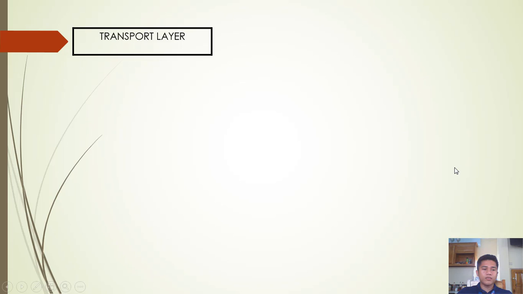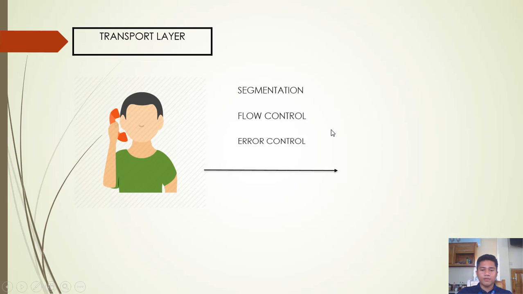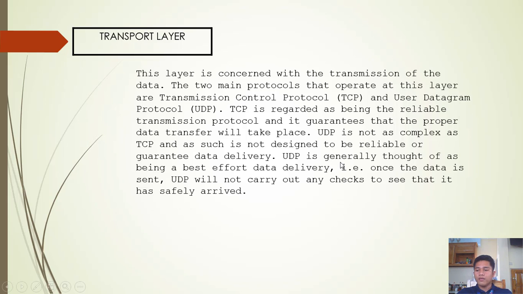The transport layer accepts the data from the preceding layer, forms independent packets, and transmits them. It has three functions: segmentation, flow control, and error control. The data received by the transport layer is divided into segments. For flow control, consider a mobile connected to a server, and the server transmits an amount of data.